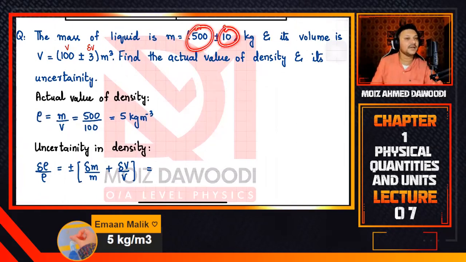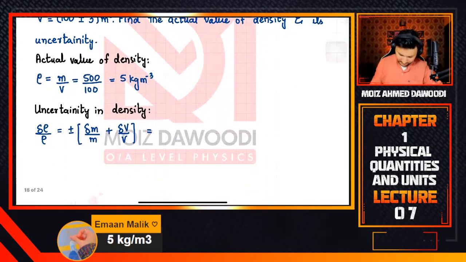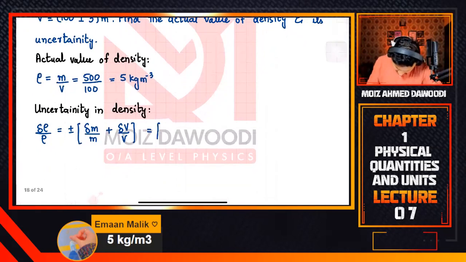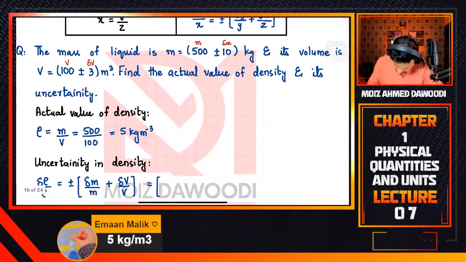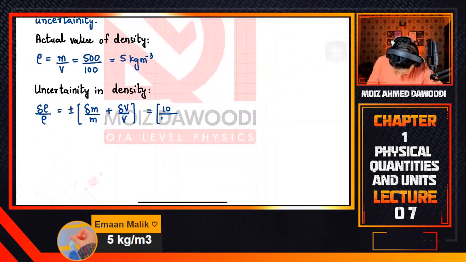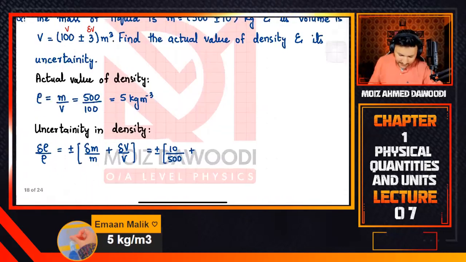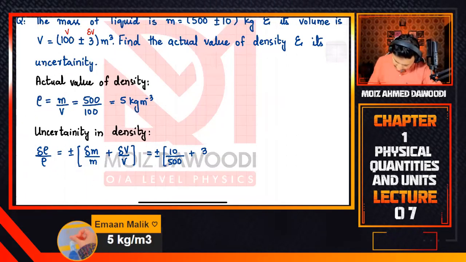Over actual mass, what is it? 500. Plus uncertainty in volume is 3 and actual volume is 100.